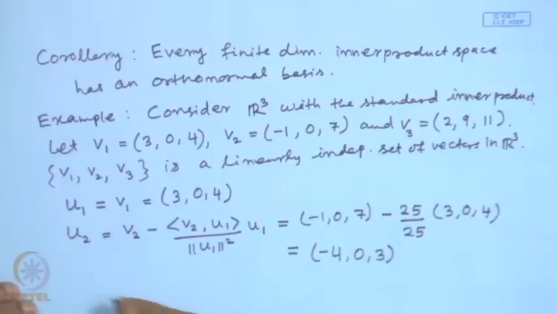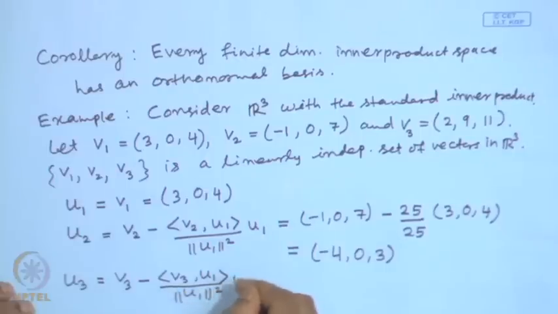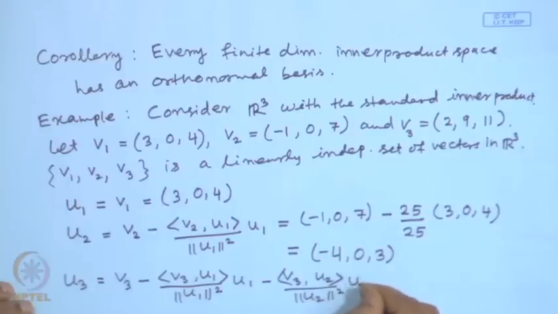Similarly, this vector U3 can be calculated from the Gram-Schmidt orthogonalization process like this. It is equal to V3 minus the inner product of V3 with U1 divided by norm U1 square, multiplied by U1, minus the inner product of V3 with U2 divided by norm U2 square, multiplied by U2, and this one can be computed as the vector (0, 9, 0).